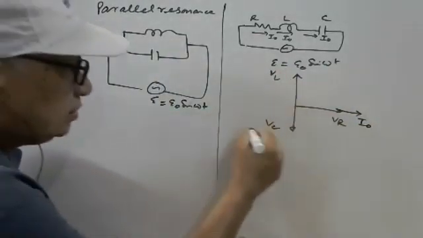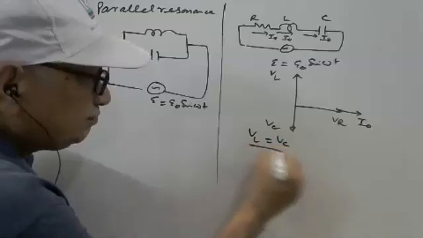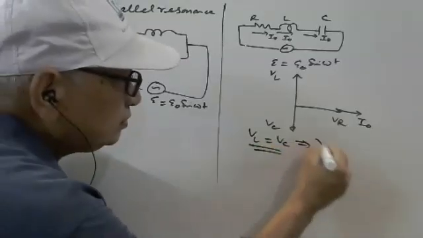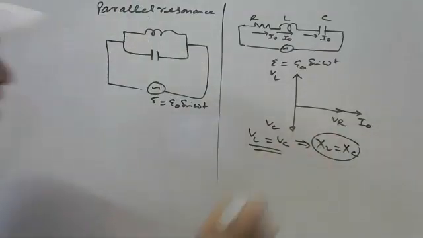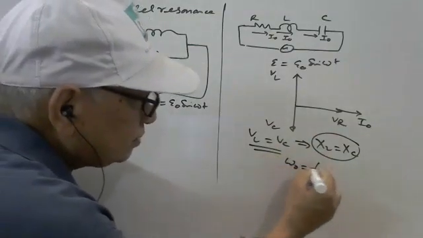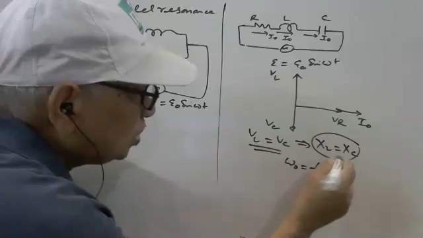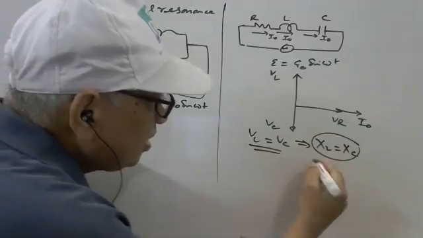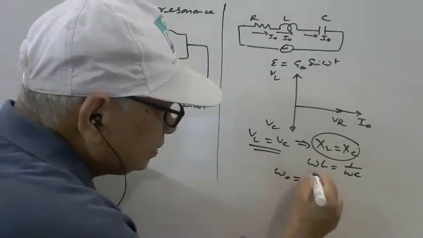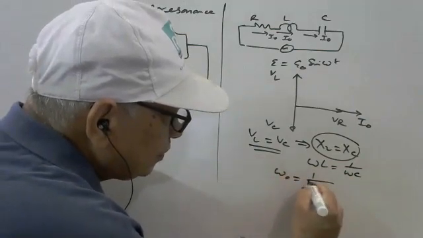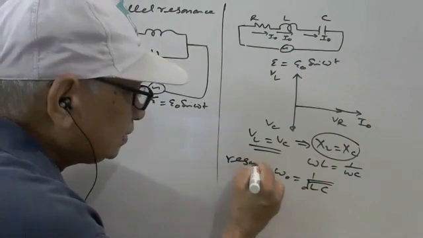In resonance, VL is equal to VC. It gives you XL is equal to XC. At resonant frequency, if you equate this, omega L is equal to 1 by omega C, and we are getting this. It is called resonant frequency.